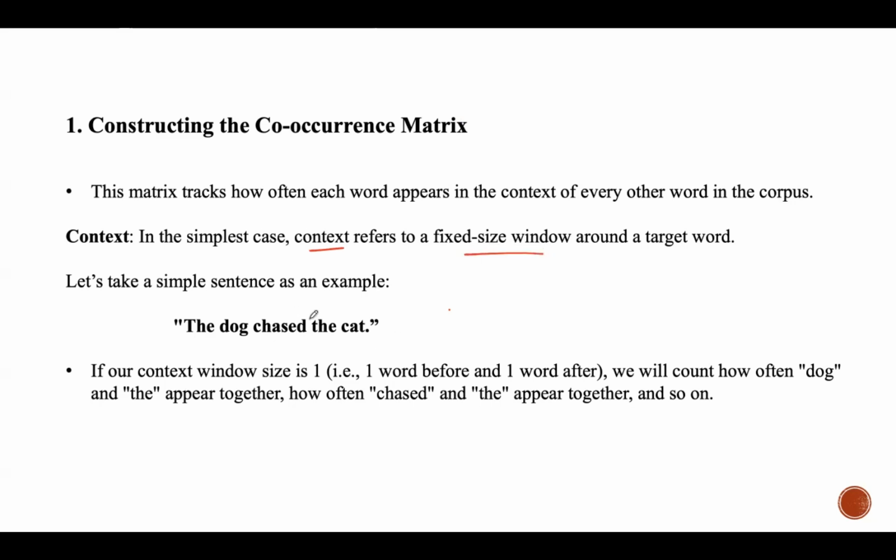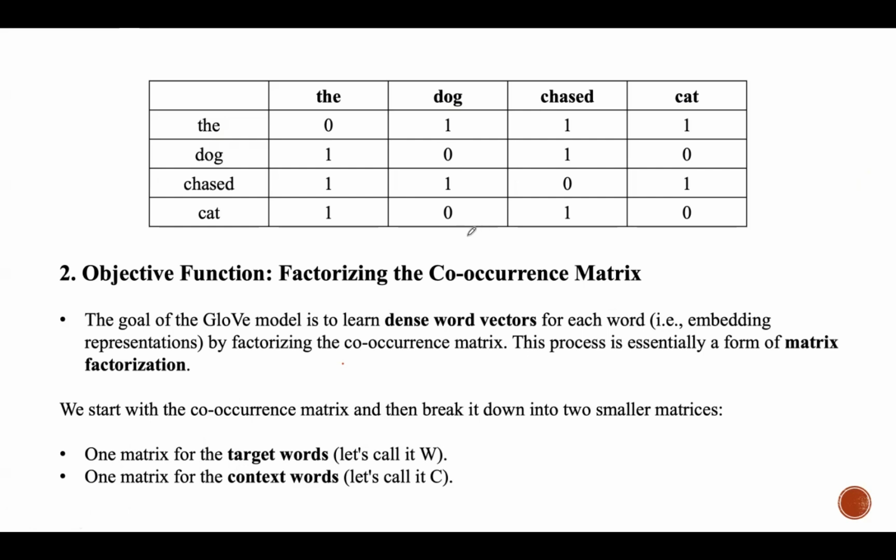For example, if you take this sentence and assume the context window size is 1, we count how often dog and the appear together, as well as how often chased and the appear together, and so on. Like that, you can find out for different words how frequently words appear together within a specified context window. Here you can see the co-occurrence matrix for the given sentence.